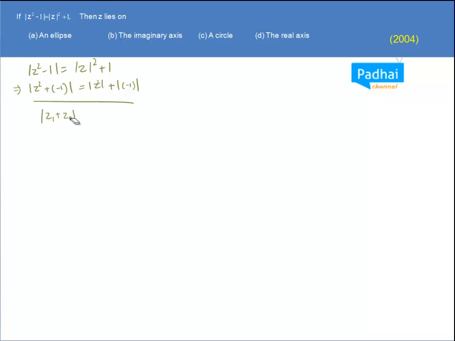This is z2, so z2 is equal to z1 plus z2. This is what is in this question, and we know that when this happens, that means z1 and z2 are collinear.